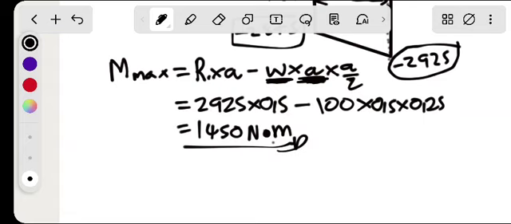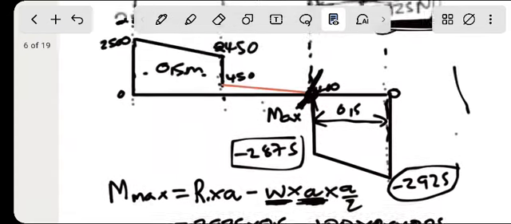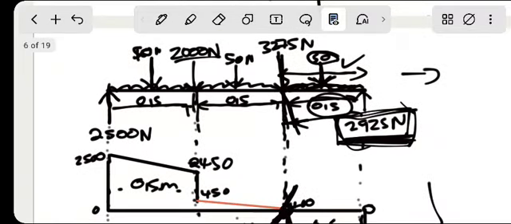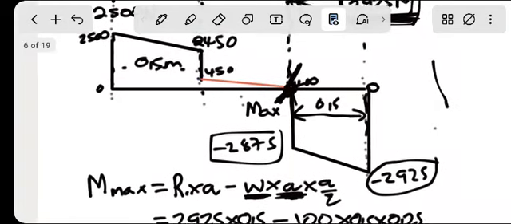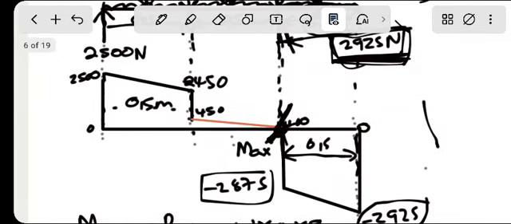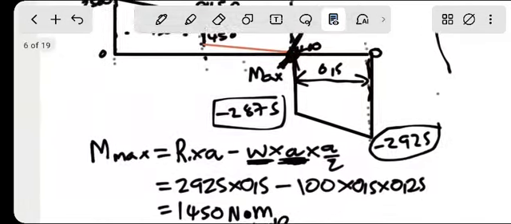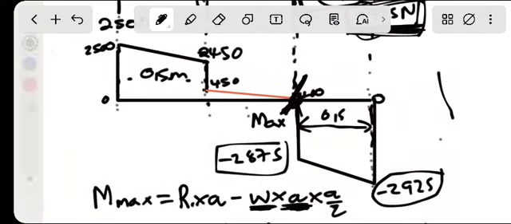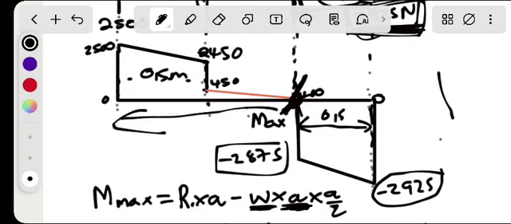All right, so this is how you'll find this. You draw your shear force diagram so that you'll see where the maximum bending moment is acting. There's no problem, you can also take it from the left, but we have many forces.